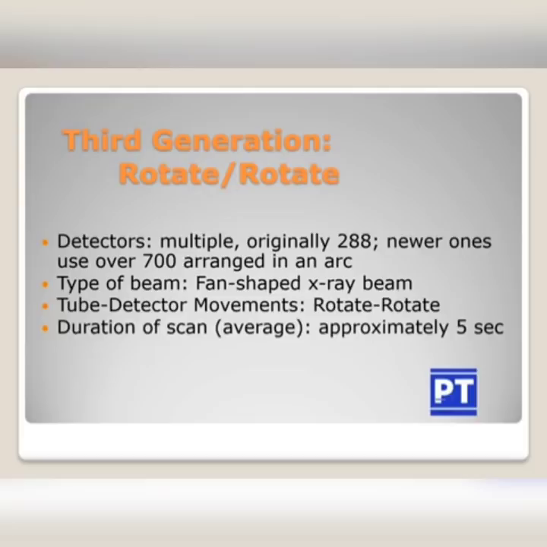This third generation CT is now termed in another way as conventional CT. Here the detector number has increased from 30 to around 700 detectors, and we are using a fan-shaped X-ray beam, the same as the second generation, but the fan beam width has been increased, so a single slice will cover the whole area.